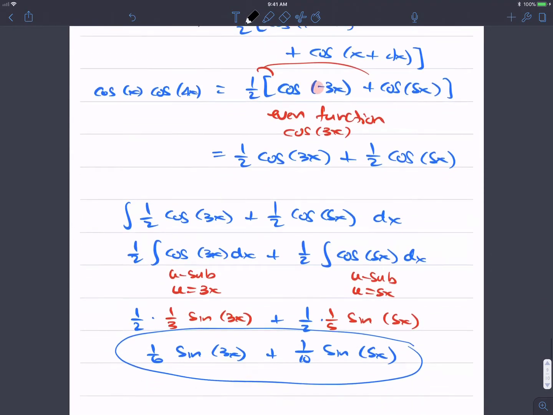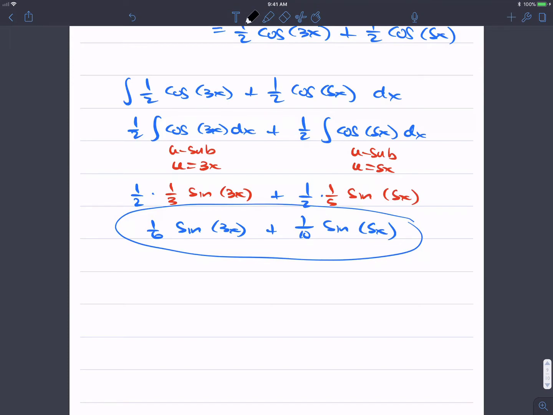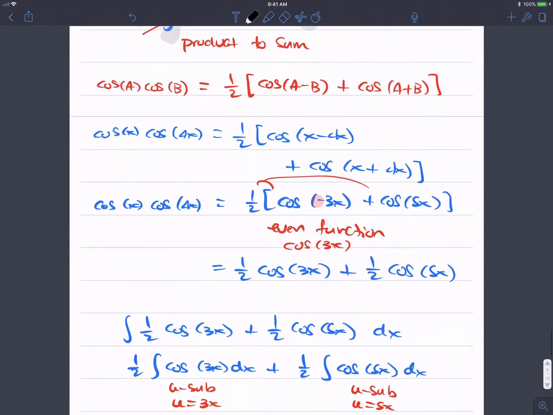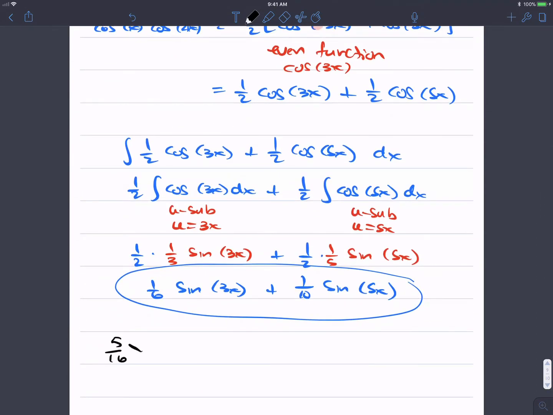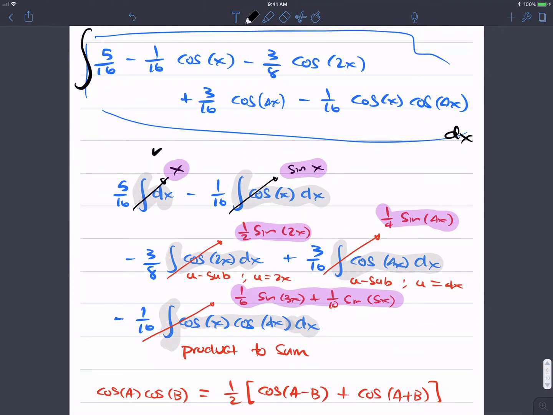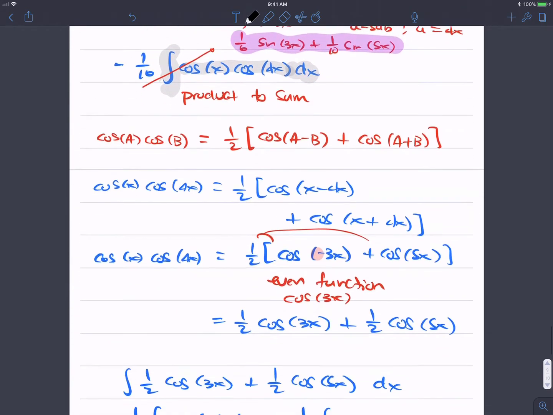So I got this 5/16. Let's write down our final answer. It's 5/16 x. See, be very careful. Did this answer. Minus 1/16 sine x.